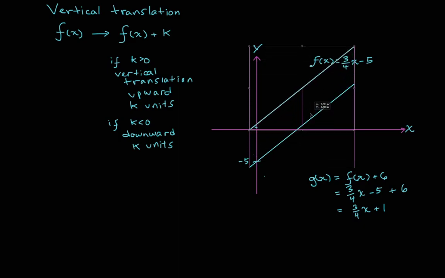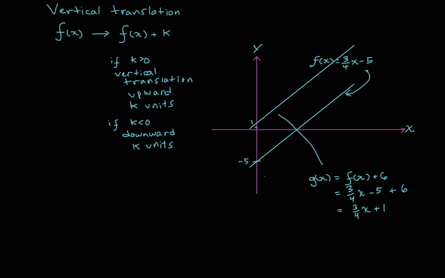So now we've translated it up, and our new y-intercept will of course be 1. The slope has stayed the same. This was our original line, and now our new line, g of x, has been translated upward. Of course, we could have chosen a k that was negative, and then this line would have translated down.